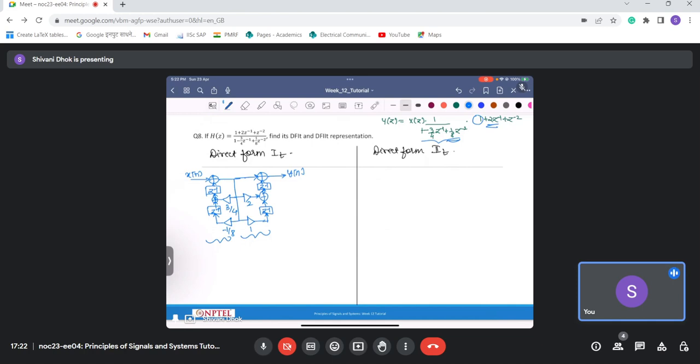Okay, so what I will get is I have x(n). This x(n) will first get scaled by a factor of 2. Then I'll have an adder here, z inverse, and this will get added here, this part I'm drawing.